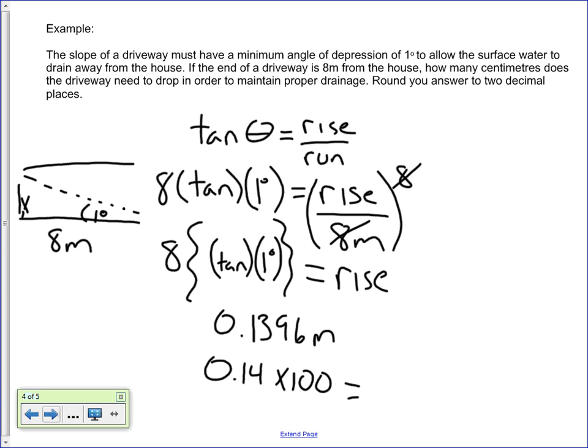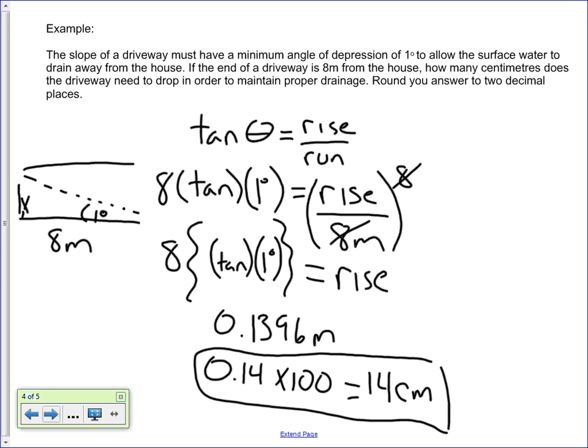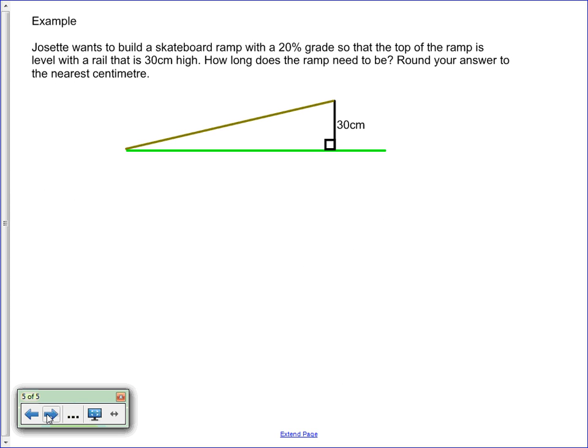So I'm going to get about 14 centimeters. Remember, that's my answer, so I'm going to put a box around it. That's how much I have to drop this driveway, 14 centimeters, in order to get a 1% grade in my driveway.